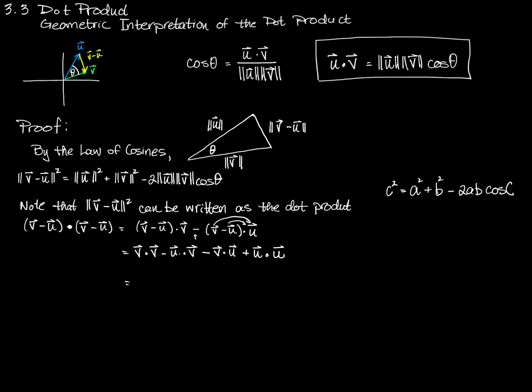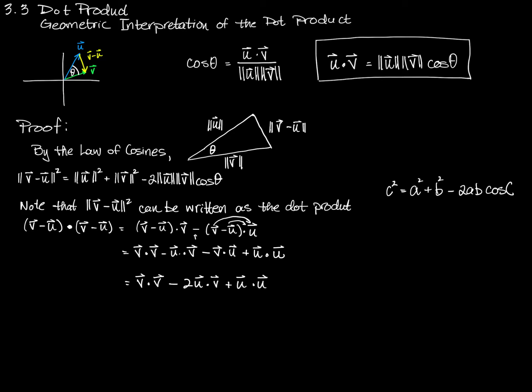And if I do that, then I get v dotted with v minus u dotted with v minus u dotted with v again. So I get minus 2 times u dotted with v. It's almost as though these were just variables. They are not, but at the moment they are behaving like variables. Oops, that's a u.